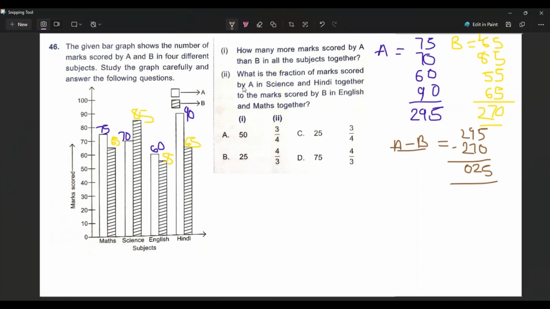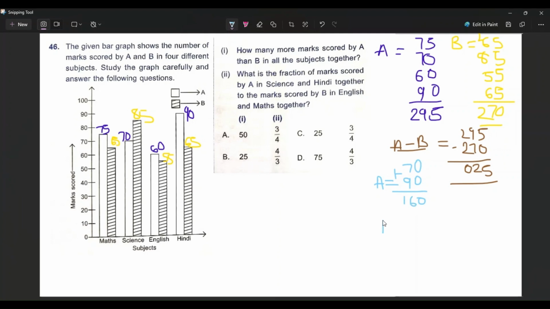What is the fraction of marks scored by A in science and Hindi together to the marks scored by B in English and maths together? So A's marks in science and Hindi: science 70, Hindi 90, that is 160.